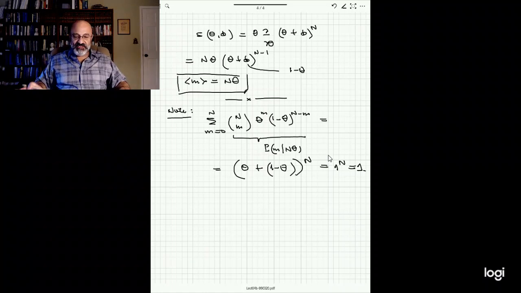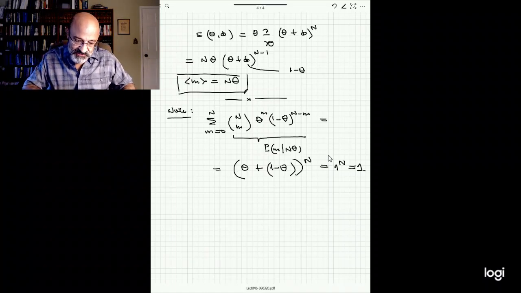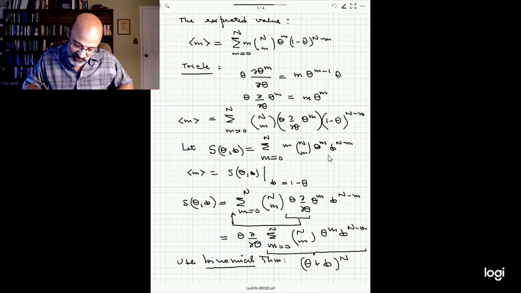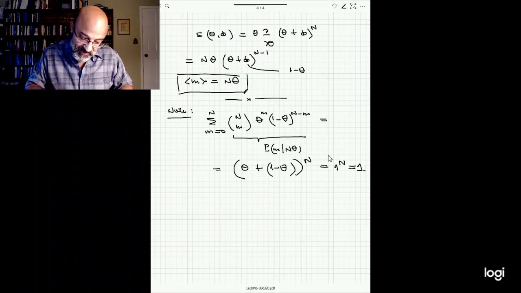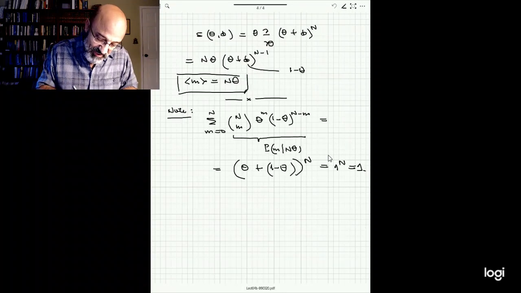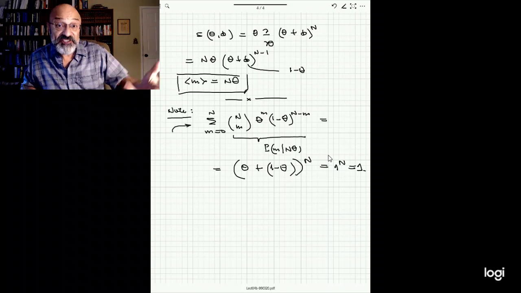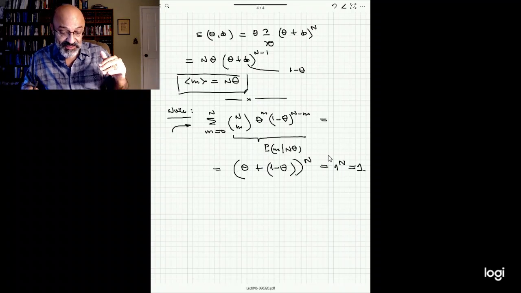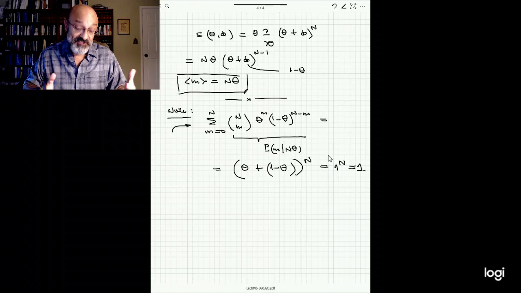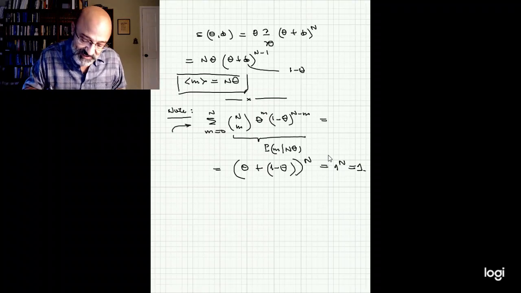So what we have seen here is that the trick of computing these expected values has to do with figuring out the normalization of the probability distribution. And once you have the normalization factors, you can figure out everything else.